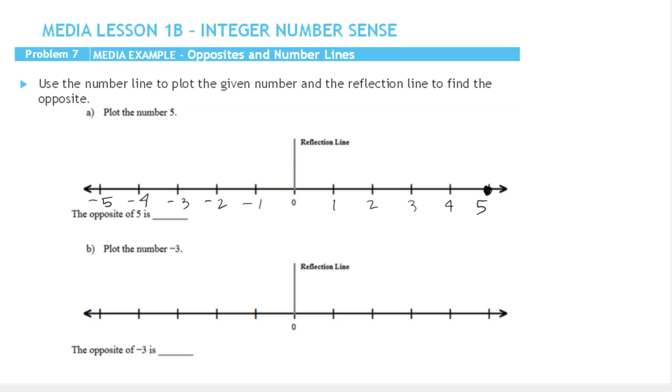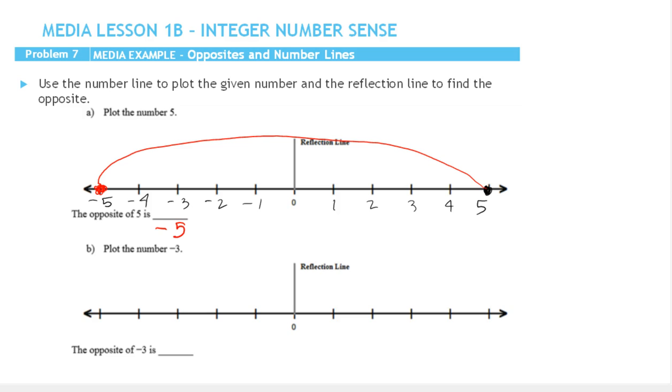So let's do this in a different color. If I were to take the mirror image of this across this line, it would be negative 5. So notice there's an equal distance here, and you could think of flipping it the same distance from here to here as here to here. So the opposite of 5 is, I'm going to write this below, negative 5.